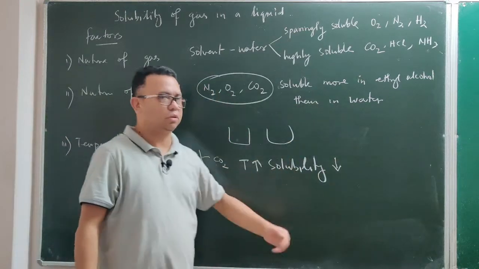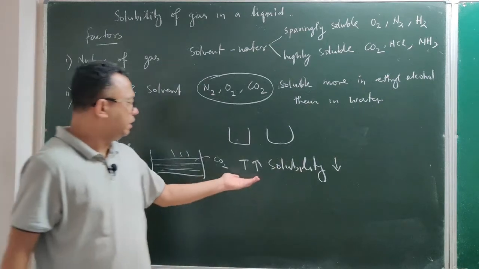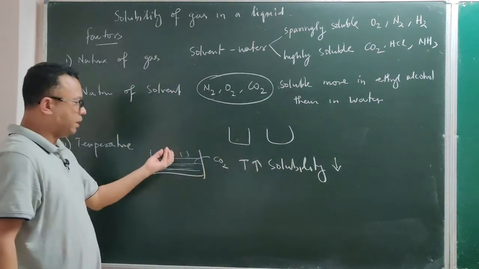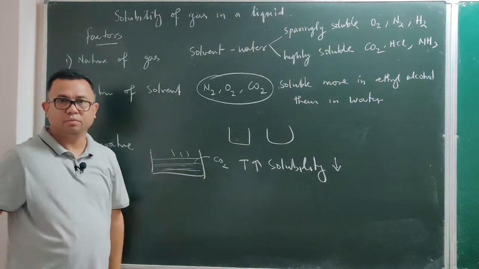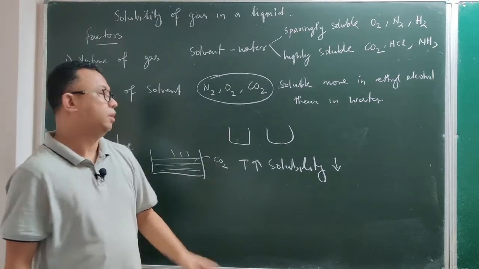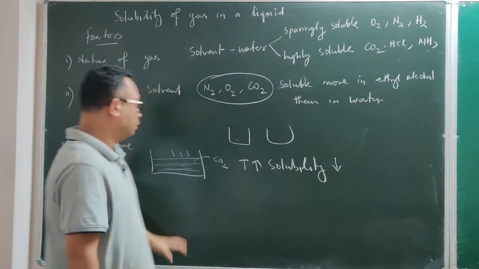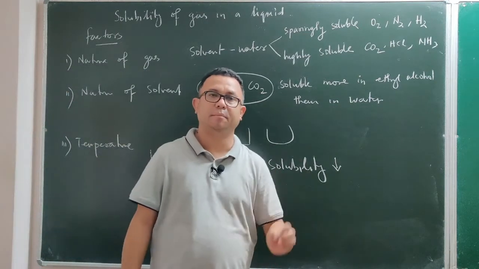That means I can now use the words inversely proportional. The more the temperature, the more gas will escape, so very little gas will be left, and less gas left means solubility is less. So generally speaking, the solubility of a gas decreases with the increase in temperature.